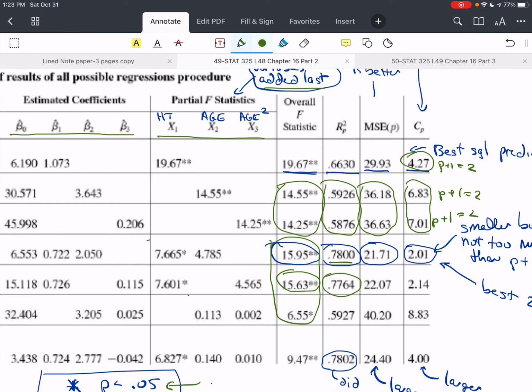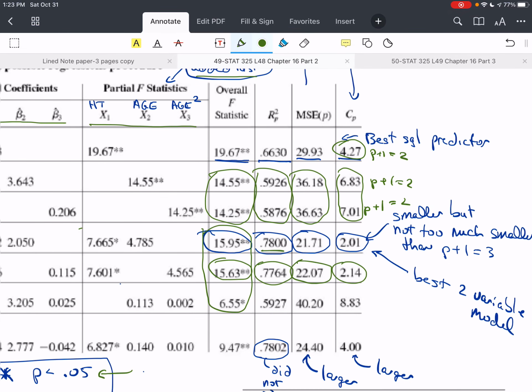And then same thing, the MSE is not very different between the 4th and 5th model, and the Mallows Cp, even though 2.01 is the smallest and it's not too far from 3, you might actually think that, well, it is smaller, but it is further from 3 than 2.14.